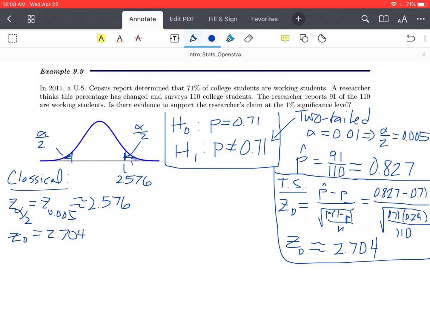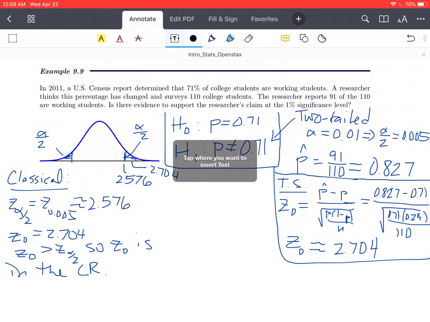So 2.704 is actually in the critical region. Right? So we can say z naught is greater than z sub alpha over 2. So z naught is in the critical region.